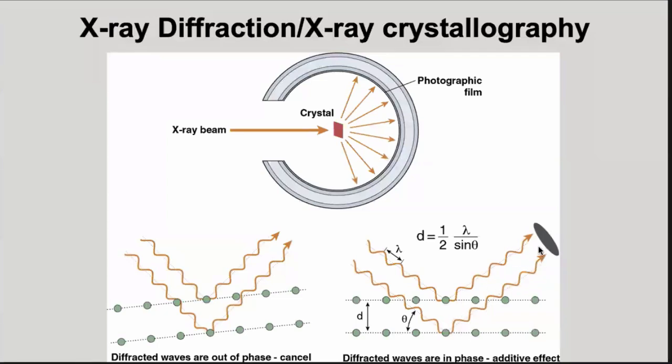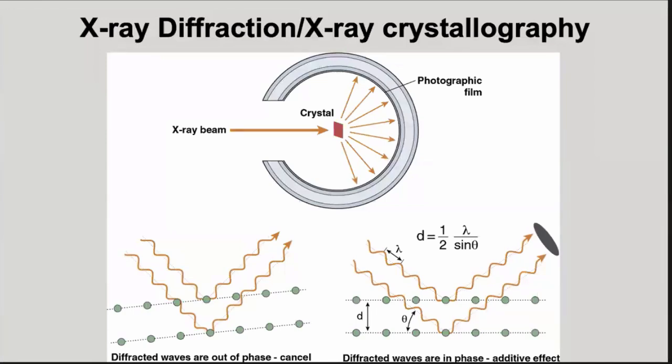The beam of X-rays then reflects or diffracts off of those atoms in such a way that now the waves are what we call in phase, meaning that the peak of one wave lines up perfectly with the peak of the wave next to it. And the trough of one wave lines up perfectly with the trough of the wave next to it. That means that these waves are actually having an additive effect.